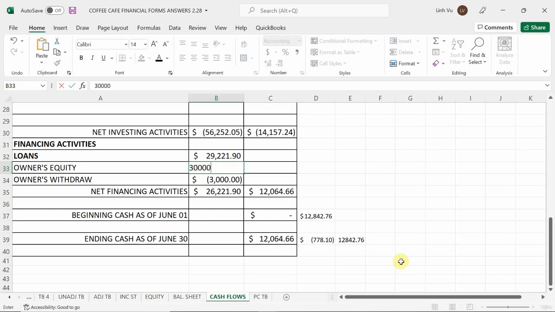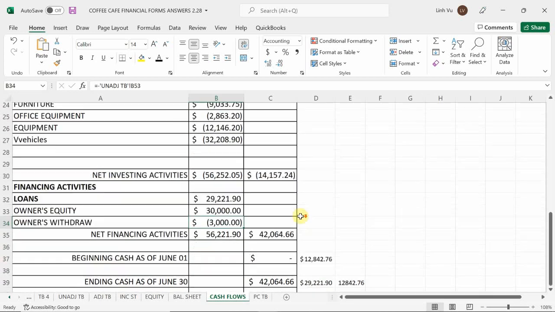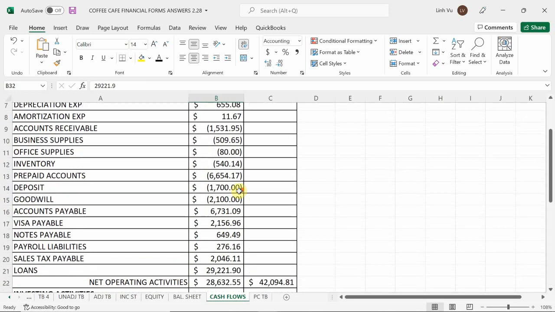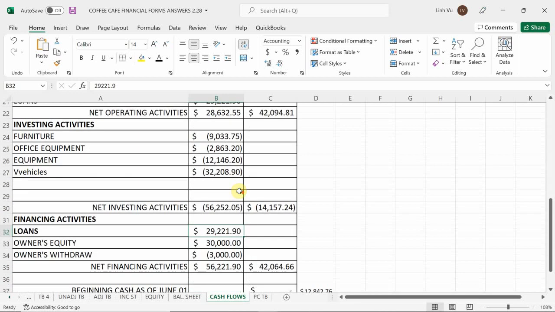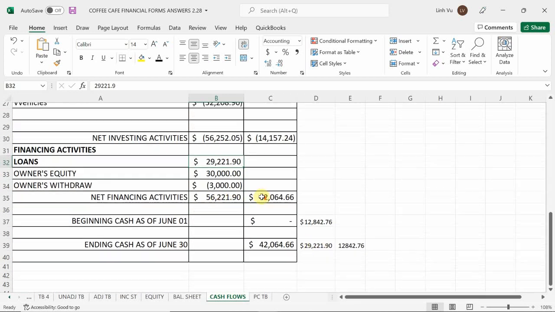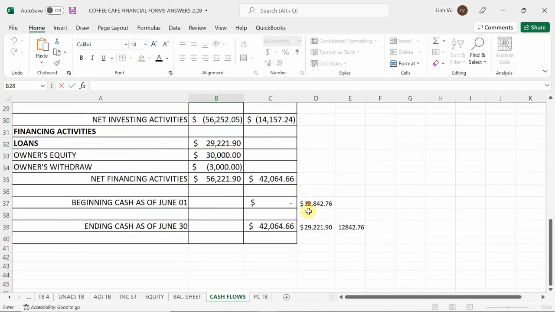In this case, it identifies that the loan, I don't know why the loan shouldn't be there. It's off by that much amount. But I don't know. It's supposed to be there, so I don't know why this amount is not reflecting or calculating correctly. But there you go.